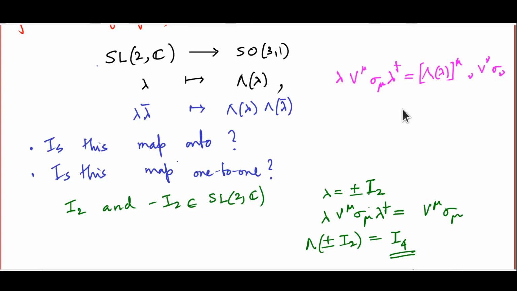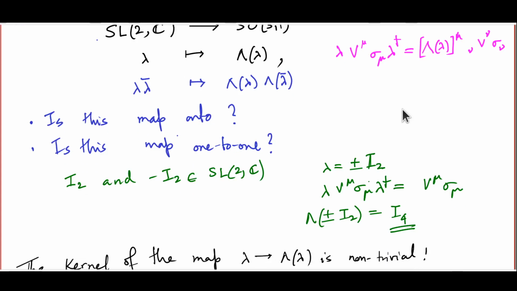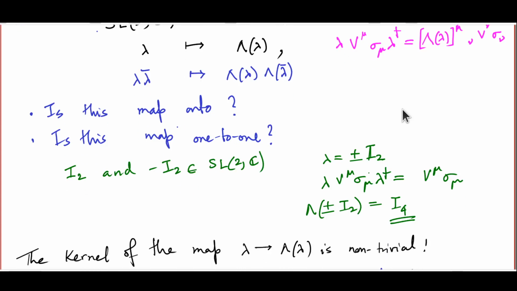So the kernel of a homomorphism has to be non-empty. It at least has to have the identity of the original group in it. So it's not a surprise that the 2 by 2 identity does map onto I4. But what is important here is that you have more elements than that in the kernel. In addition to I2, you also have minus I2. This is exactly what is expressed by the statement that the kernel is non-trivial.